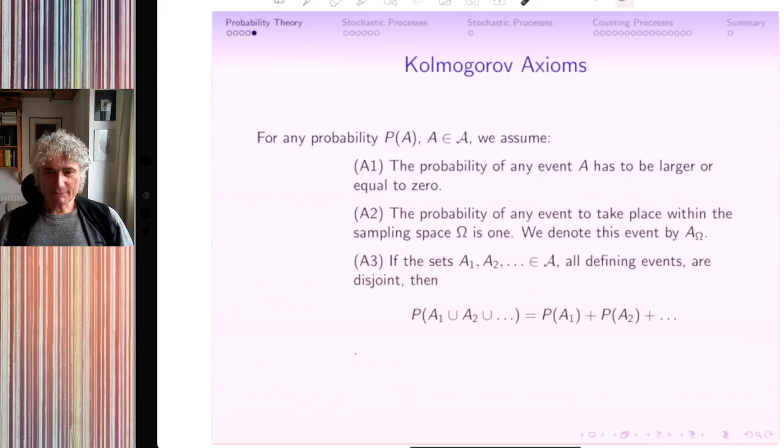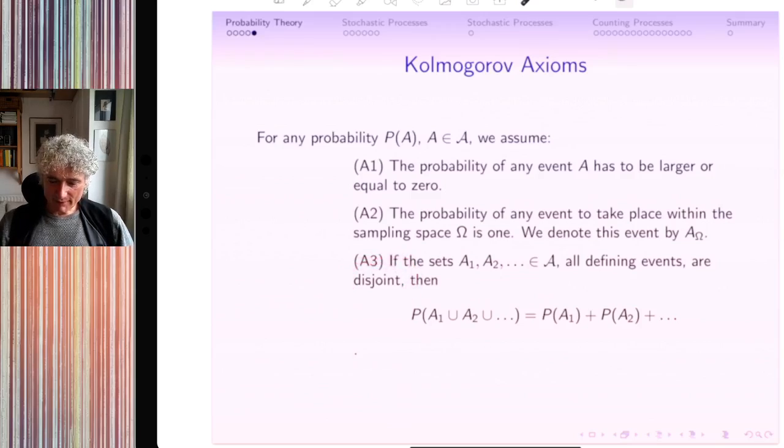Now, if we have several subsets, so several elements in the sigma algebra curly A, then the question is, what is the probability if we look at all these events separately? First of all, it only makes sense to define this if all these elements in A are disjoint sets.